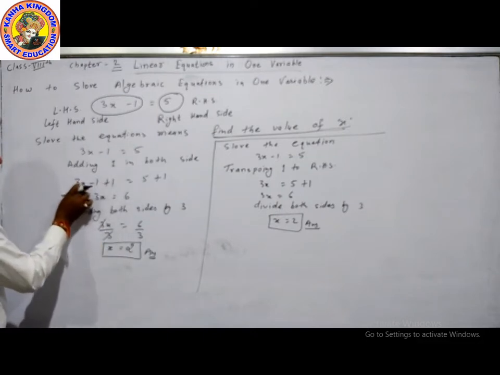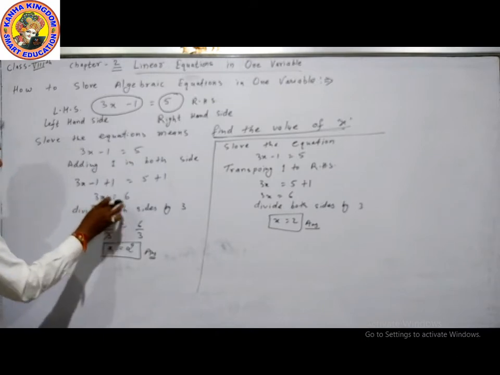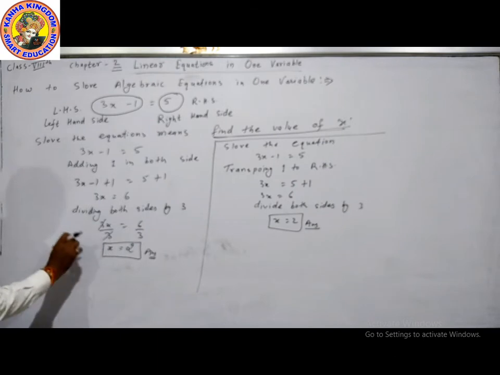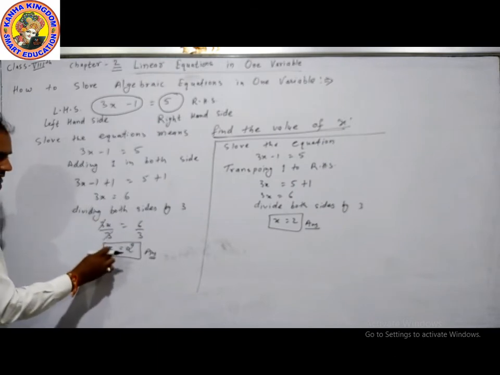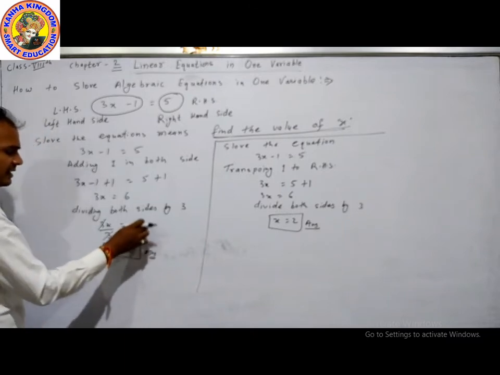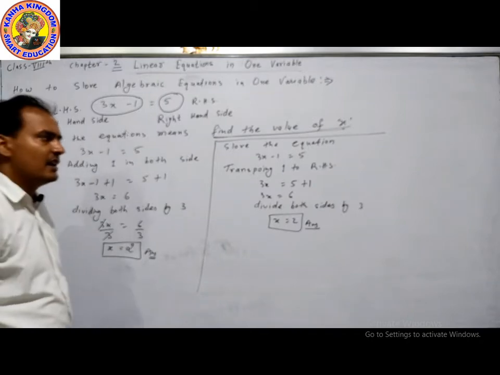This is 0, remaining is 3x, this is 6, dividing both side by 3. 3 and 3 will cancel out, remaining is x. We can divide 6 by 3, answer is 2, then x is equal to 2 is final answer.